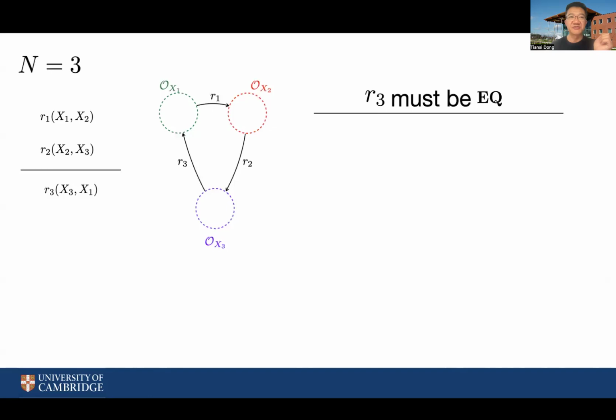We look at the case of n equals 3. If one of the relations R3 must be equal, equal means A is part of B and B is part of A. So here R3 must be equal means O1 is part of O3, and meanwhile O3 is part of O1. Both part-of relations are valid.